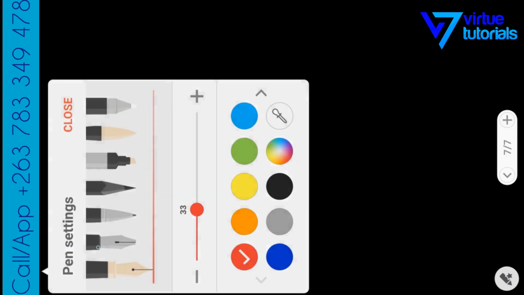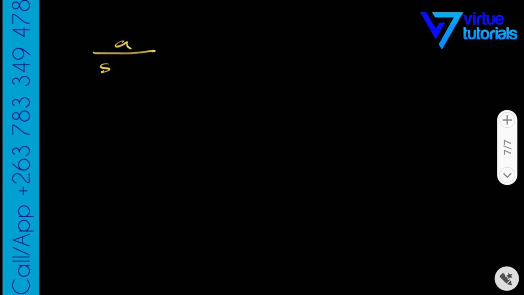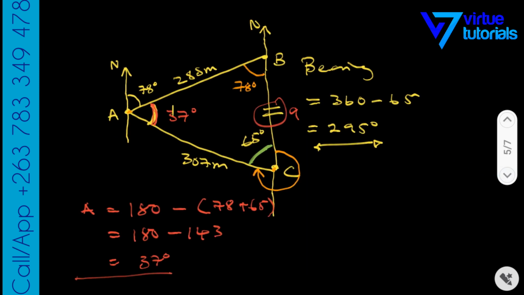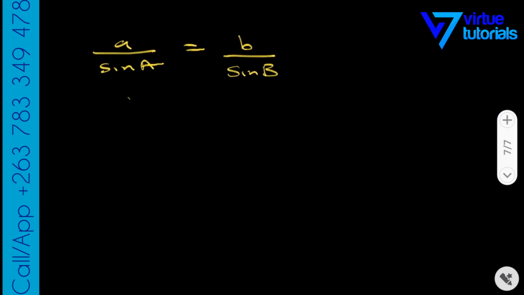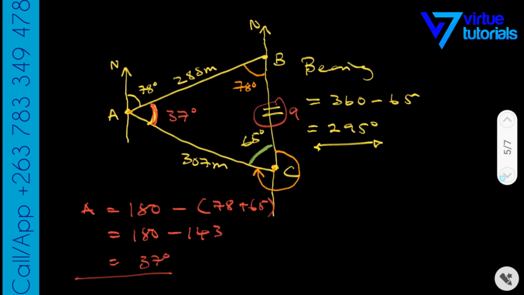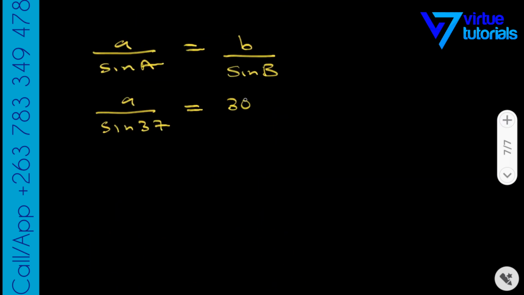What do we write in sine rule? a over sine A is equal to b over sine B. Our angle A is 37, so a over sine 37 is equal to b, which is 307, over sine 78, because our angle B is 78 and our side b is 307.